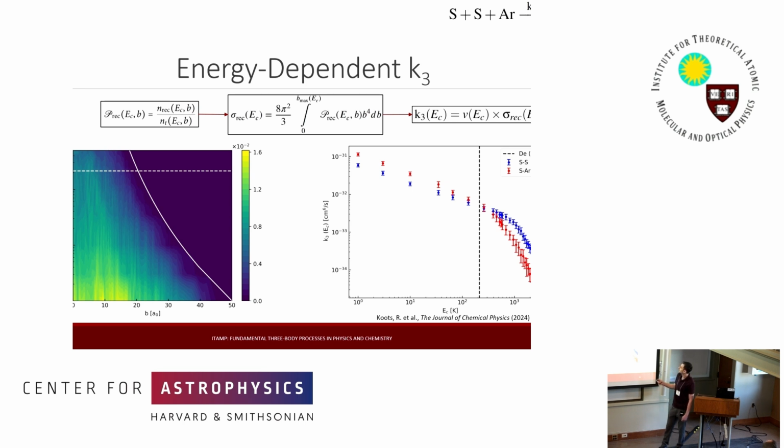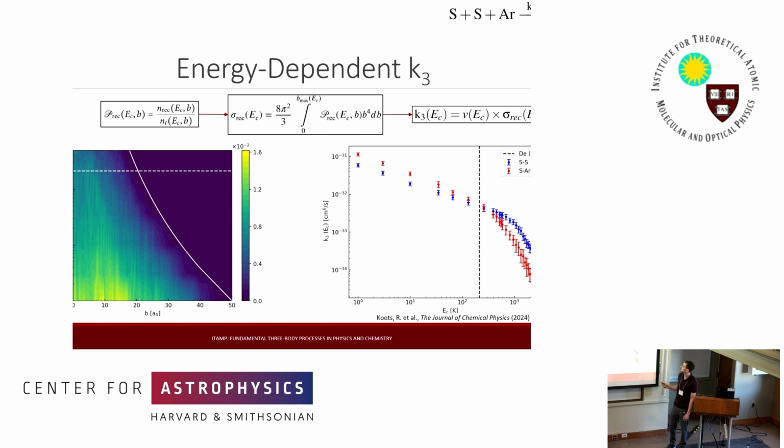Okay, and so here's the result of the energy-dependent recombination rate. And this vertical line here is the dissociation energy of S2. And these dissociation energies of a system delineate essentially two interaction regions. We have the low energy regime and the high energy regime.